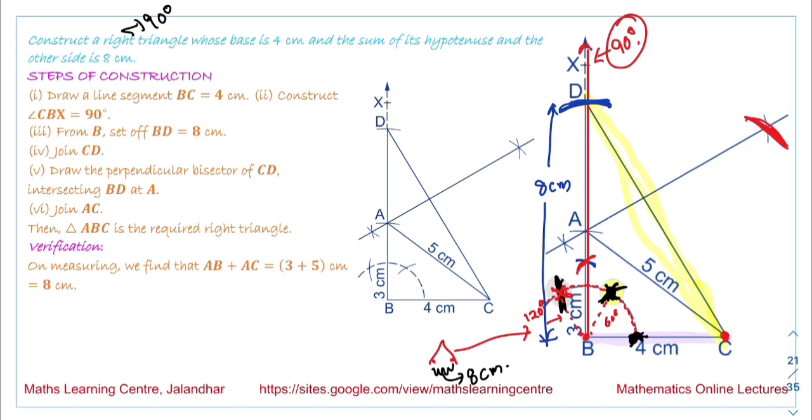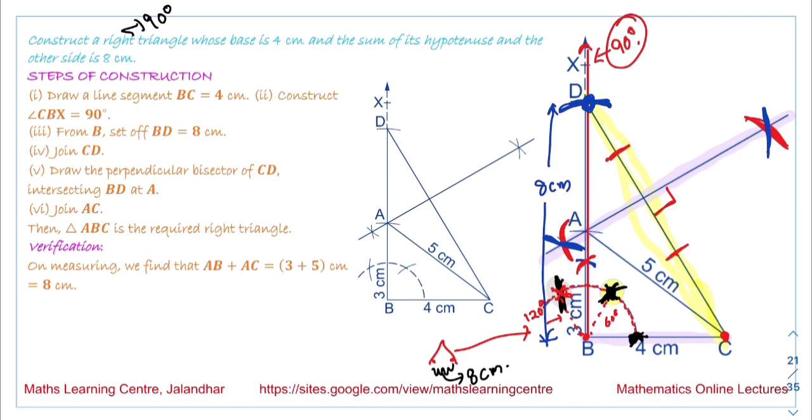On both sides of this line CD, we will mark this arc. After this, we will keep the compass at this point D and we will mark the arcs at these 2 points. When we join these 2 points, we have obtained the perpendicular bisector of DC. This line is the perpendicular bisector of DC.